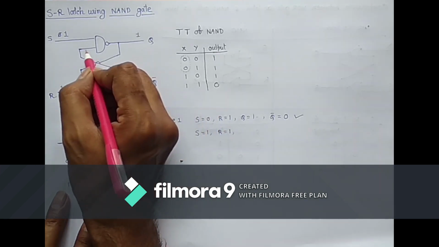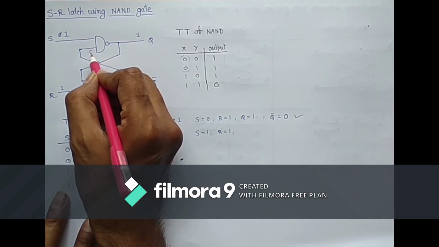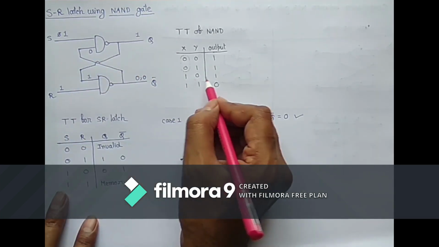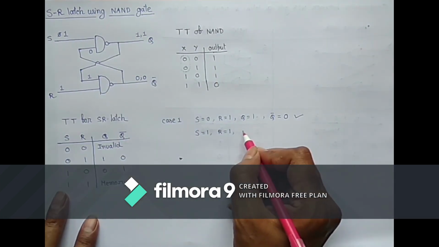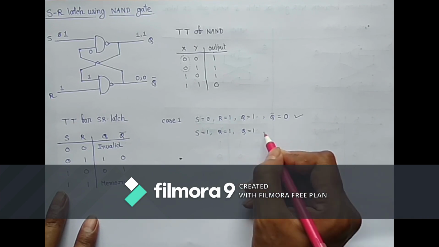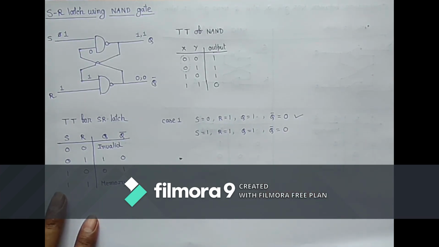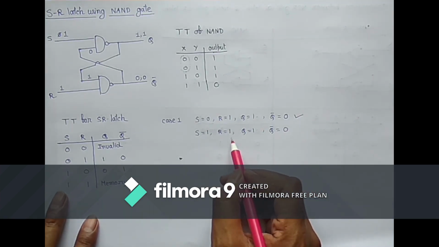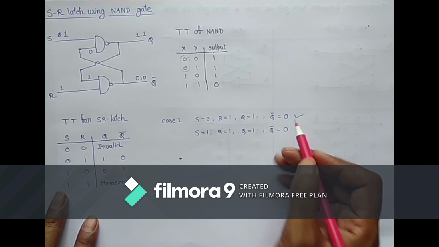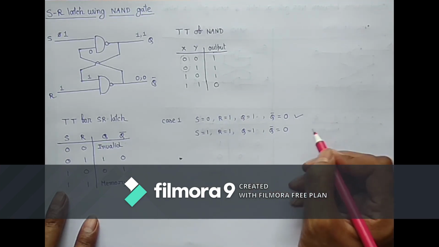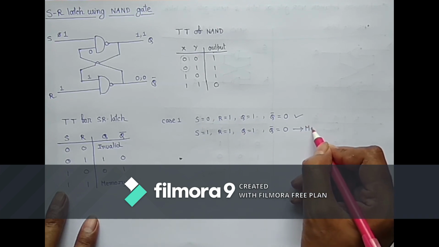Now 0 goes to here, and you know that 1 0 is equal to 1. That means Q is again 1 and Q bar is again 0. That means for input S equals to 1, R equals to 1, the latch holds the previous data. Previous data was 1 0 and now also it is 1 0. That means for 1 1 the latch behaves as memory.